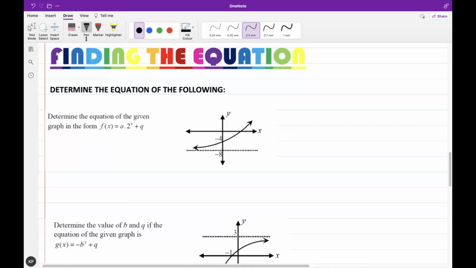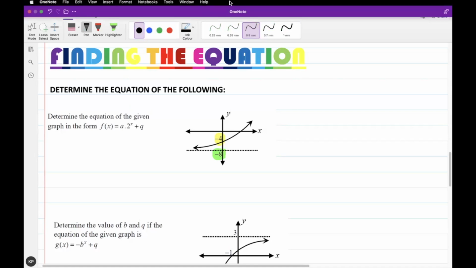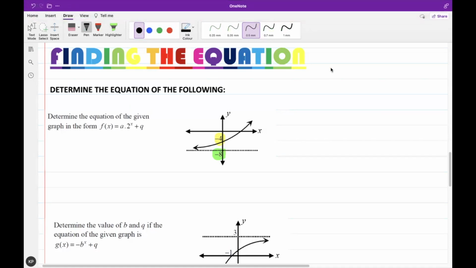We've been given that f of x is equal to a times 2 to the power of x plus q. Now, the information given to us is a y-intercept as well as your asymptote. And where can I fill in the asymptote? Let's start with that. Where on my equation can I fill in my asymptote?